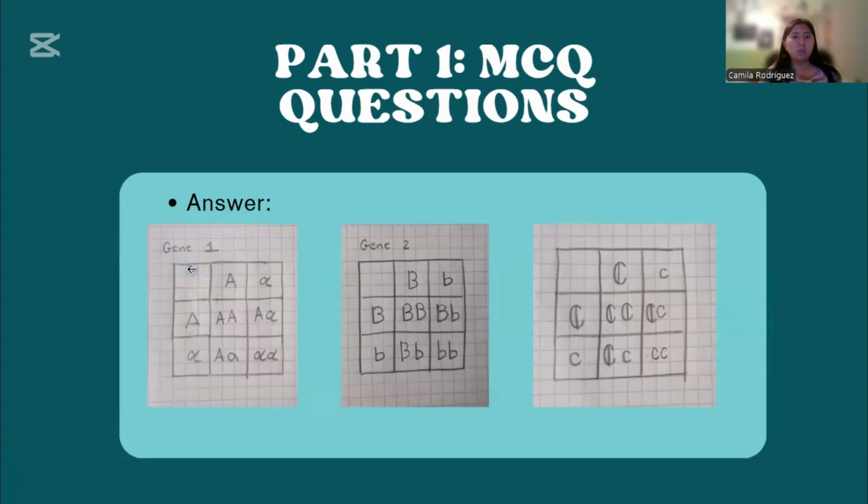For this exercise, we need to use the Punnett square. Why? Because like this, you are going to be able to see the alleles with the crossing over to get the genotype.